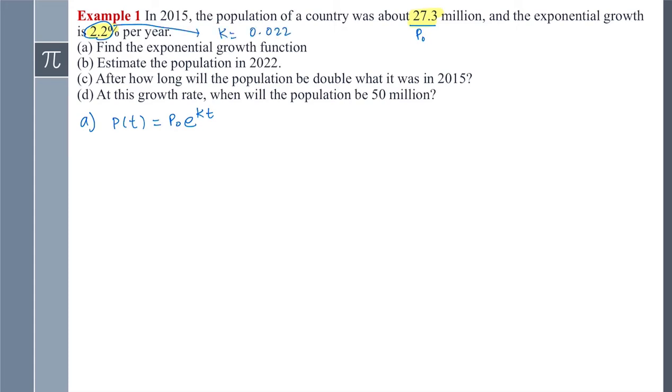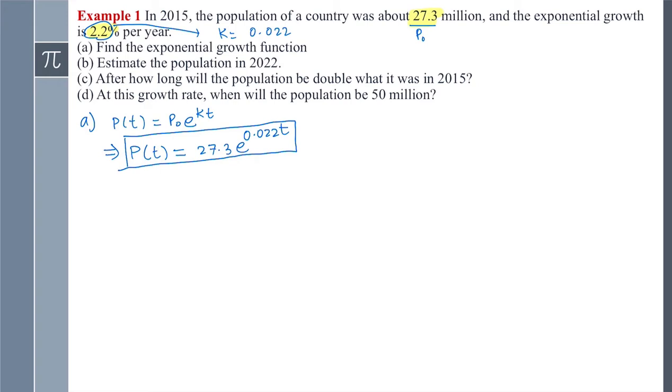So the function that represents this population growth is P of t equals 27.3 e to the 0.022t, and this will give us the population after time t in millions.